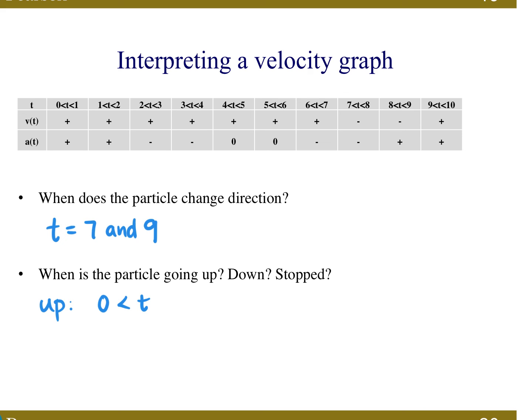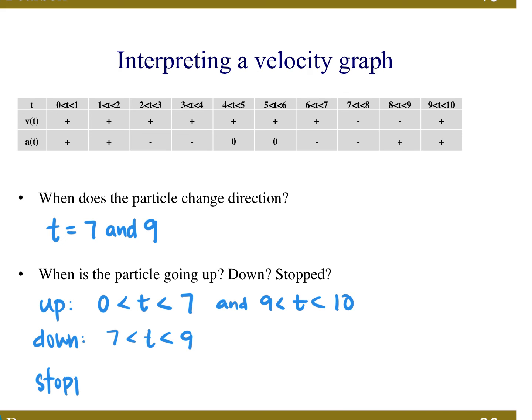When is it going up? 0 to 7. When is it going down? 7 to 9. And what about after 9? Back to going up again. So then I have 9 to 10. We're only checking velocity for going up. Now, when I want to check speeding up, then I do the comparison and look for things that are the same sign.